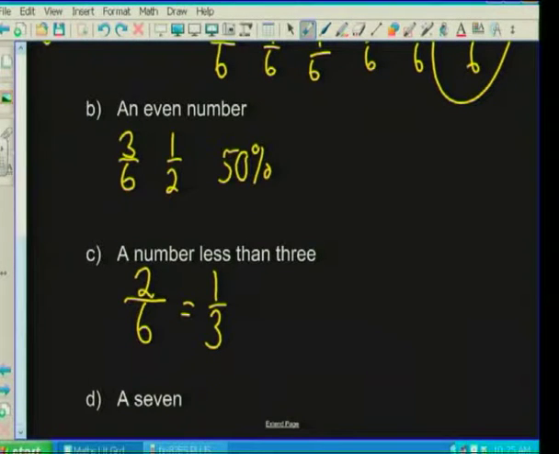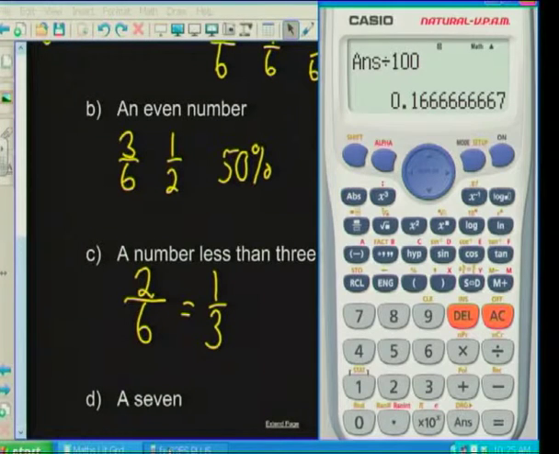If I break that fraction down, and again, we should know how to convert to decimal and to percentage. A third as a decimal is 1 divided by 3. Let's do that on the calculator. 1 divided by 3 equals, and there's the decimal, 0.333. And if I wanted to do that as a percentage, I'm just going to multiply by 100.